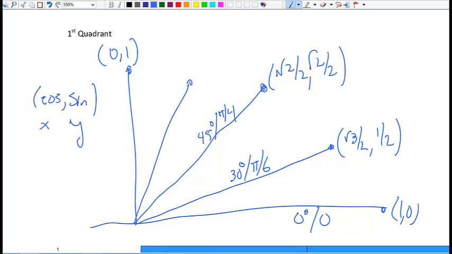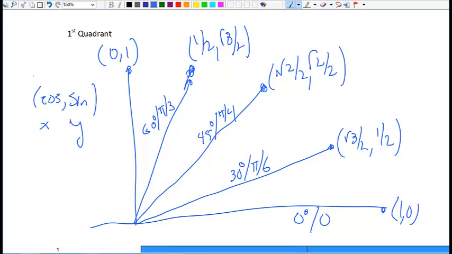And if I go for 60 degrees, or pi thirds, I get the ordered pair 1/2, square root 3 over 2.